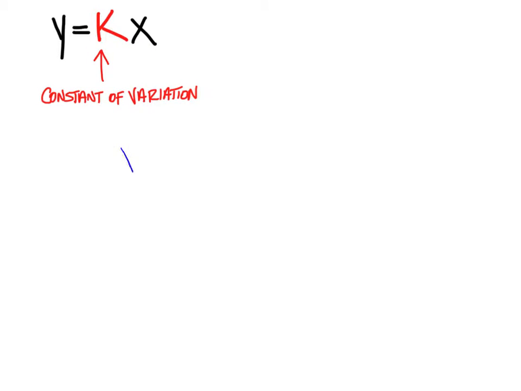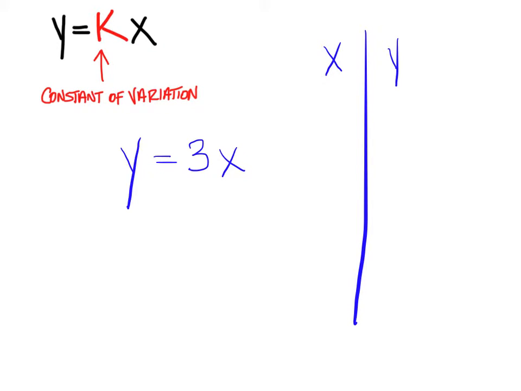That means if I had y equals 3x, I could generate a table of values from that direct variation that will be consistent. So if I put a 2 in for x, what value do I get back for y? If I put a 2 in for x, I get a 6 back, right?